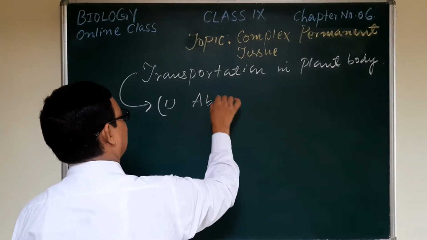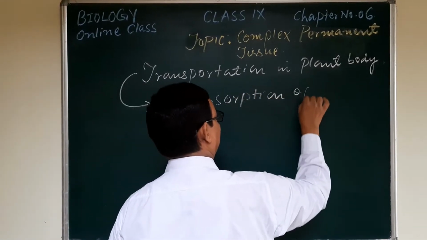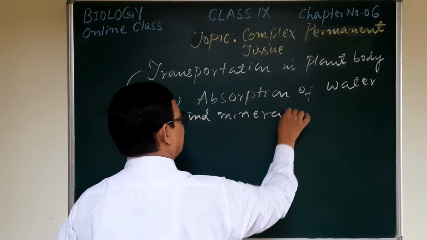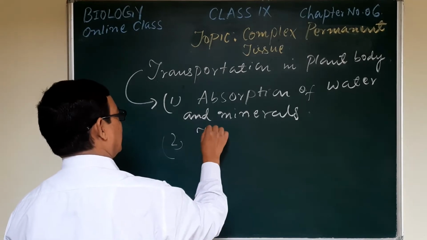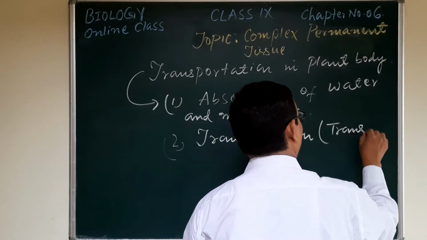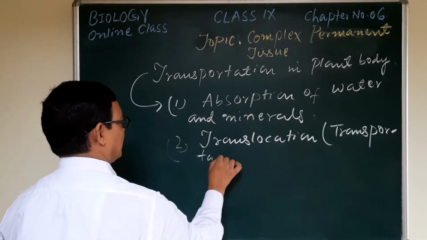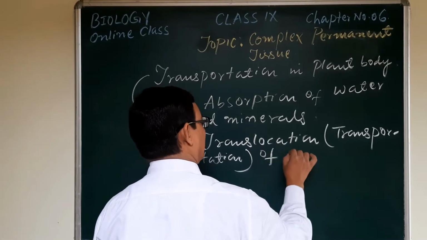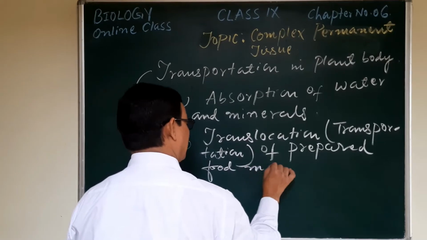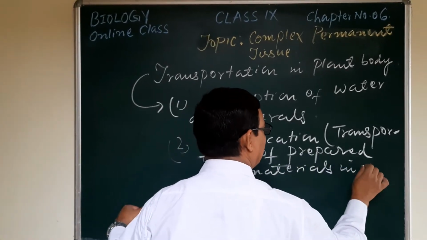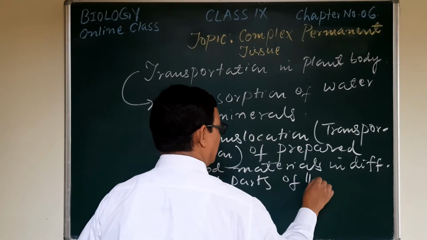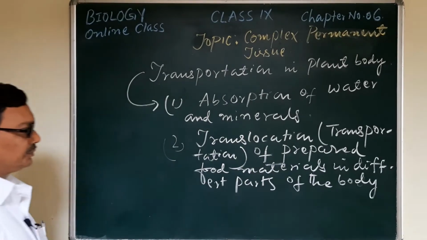Number one, absorption of water and minerals, and number two, translocation or transportation of prepared food materials in different parts of the body, for utilization purposes.